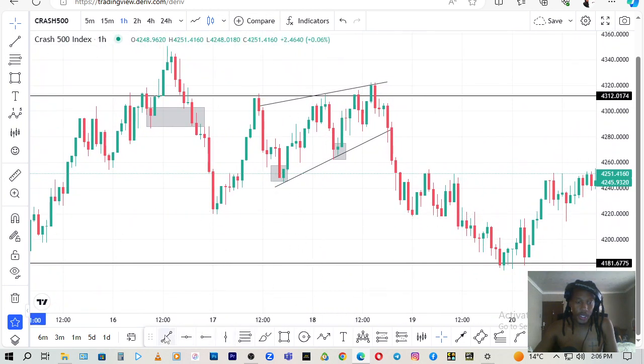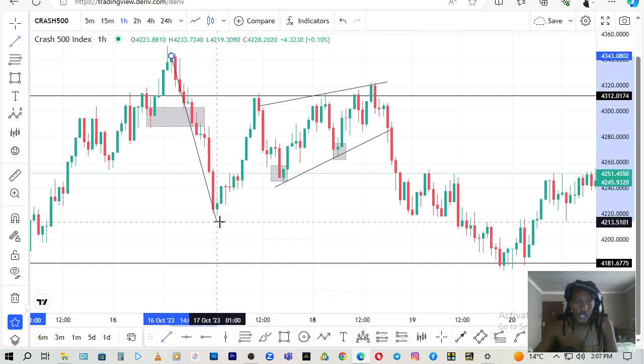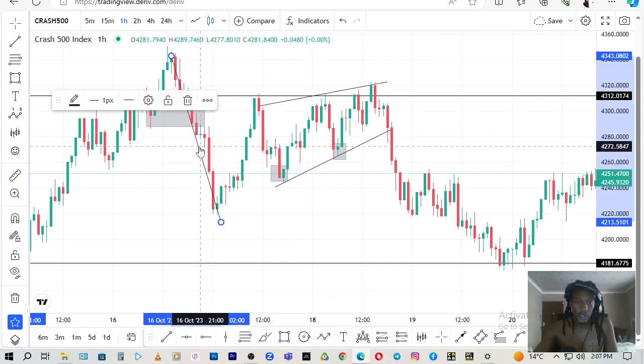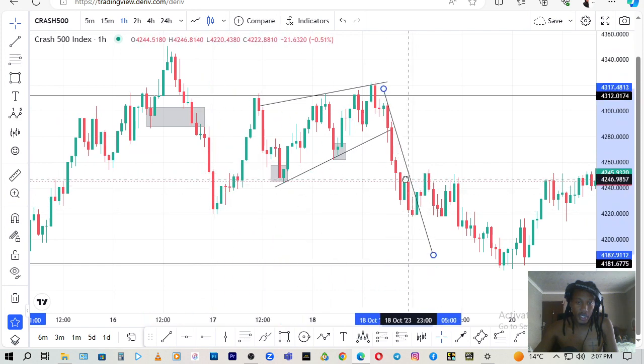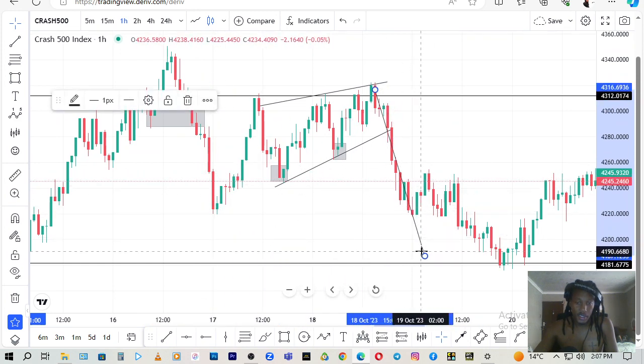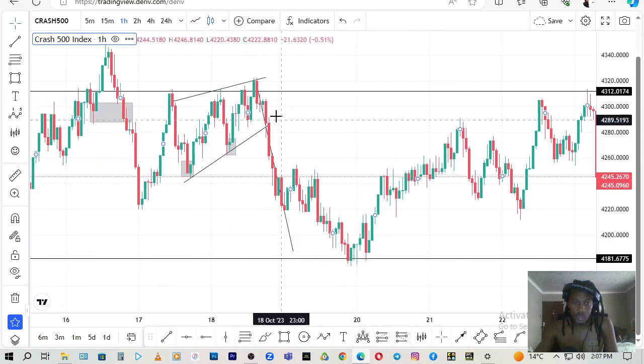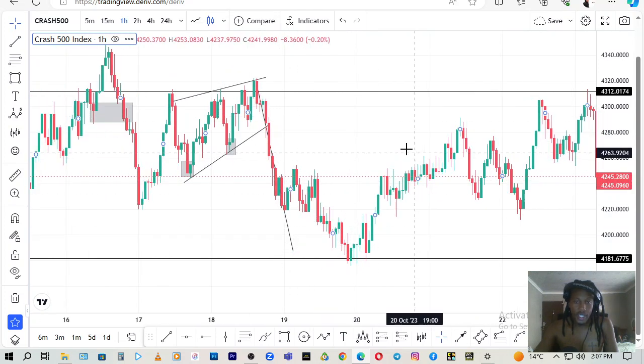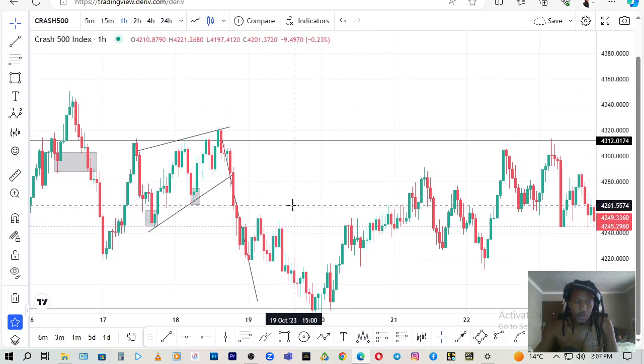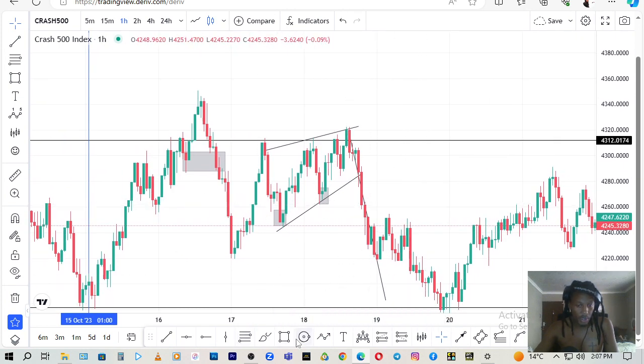Okay, so then how do we take our TP? The length of this impulse, see, so we're still in, as long as we never broke this area over here, where's our lower high?